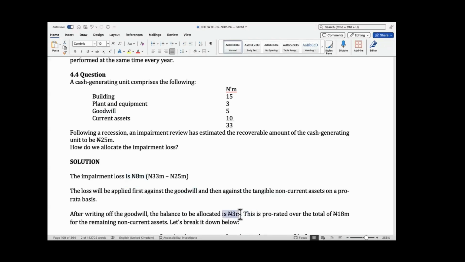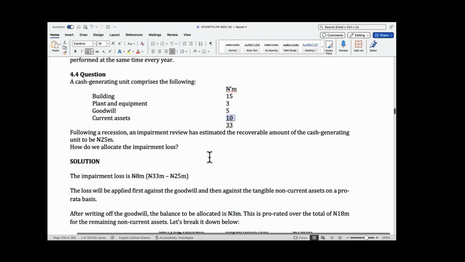You see, this 3 million is going to be prorated over the remaining assets, which is building, plants. We are not going to allocate to current assets here.